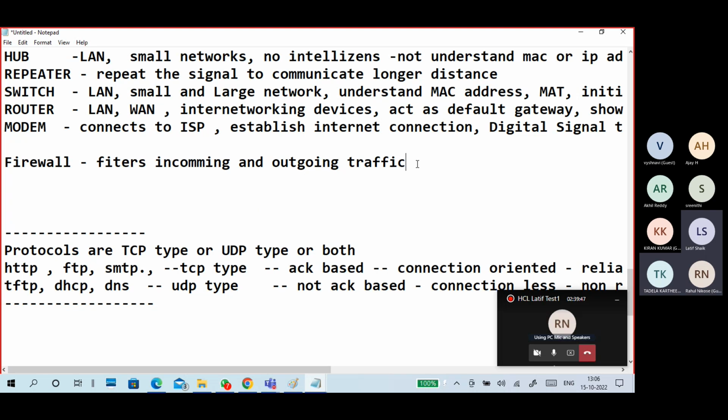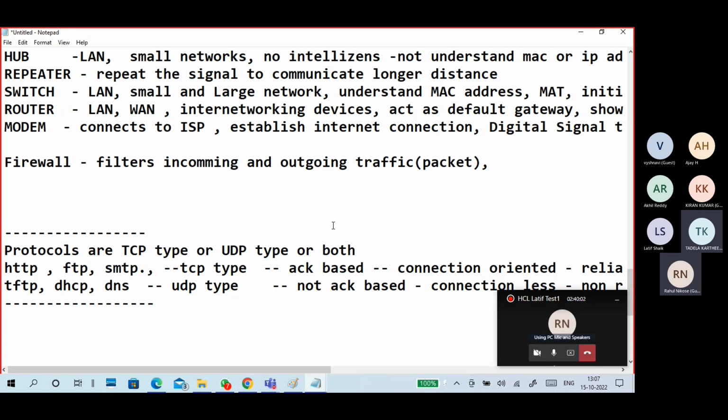Traffic here means packets. So it either accepts or does not accept. That is important: it is allowed or not allowed. Based on that it will allow.